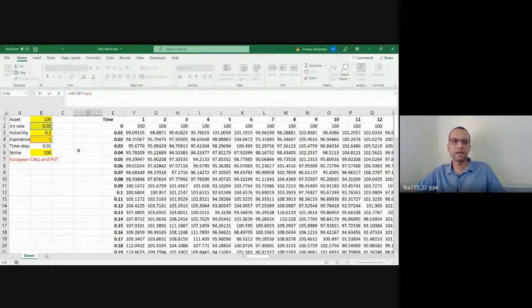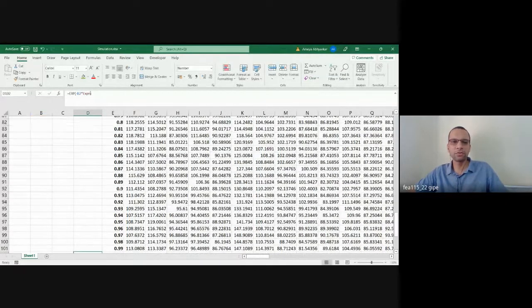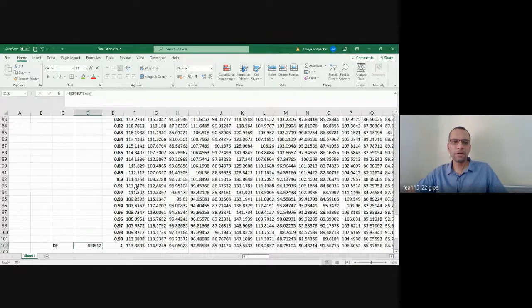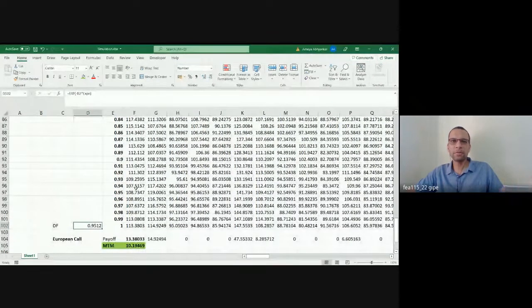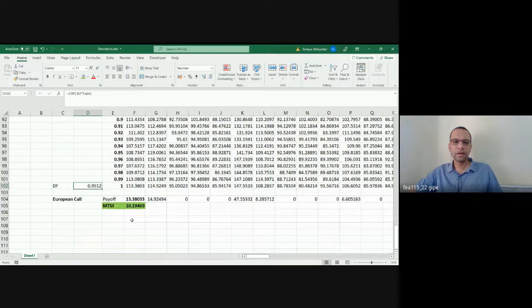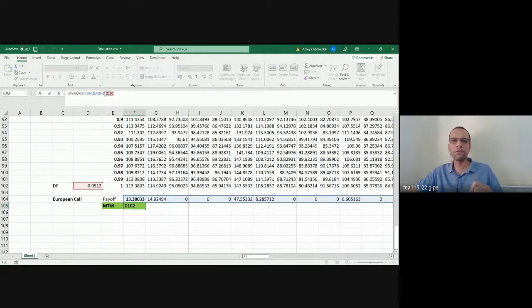You can just write e raised to minus R also, the T is not required because T is 1. But we might as well keep that T because tomorrow if you are pricing an option with some other time to expiry, then that T should be taken into consideration. Right now, expiration is 1 year, so it won't impact the calculation. So I calculate my payoffs for each of the paths, take the average payoff, and simply discount that in order to know the present value of the option payoff.